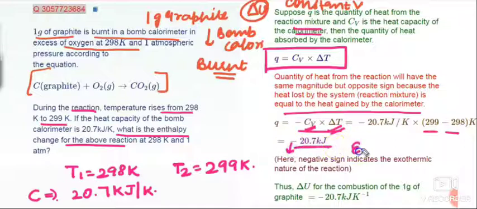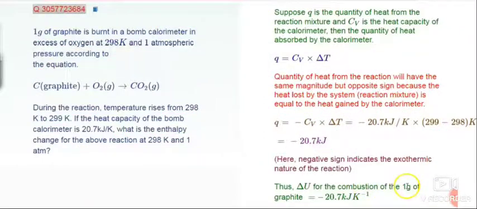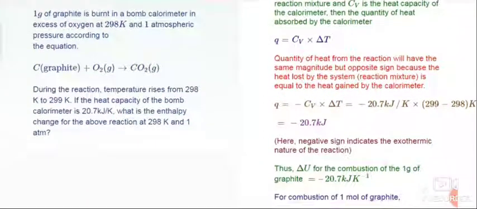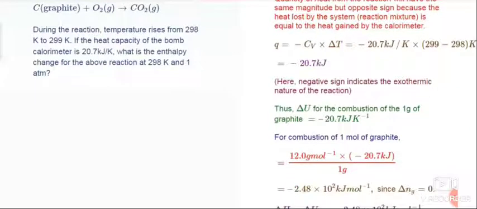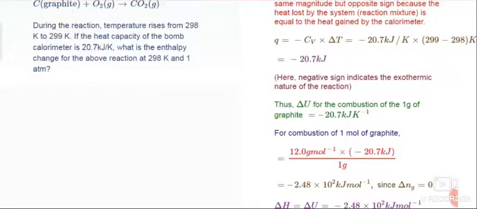So it is minus 2.7 kilojoule. The minus sign shows that it is an exothermic reaction. Thus, since delta U is equal to Qv, and Q we have calculated, delta U is equal to minus 2.7 kilojoule.